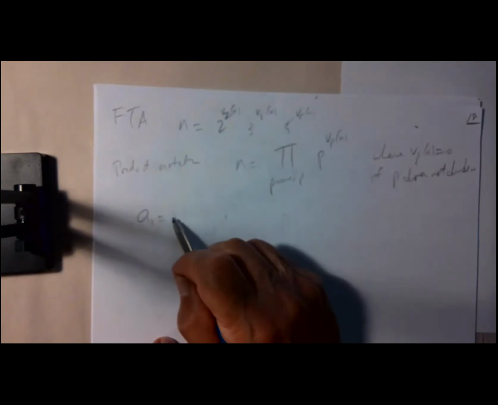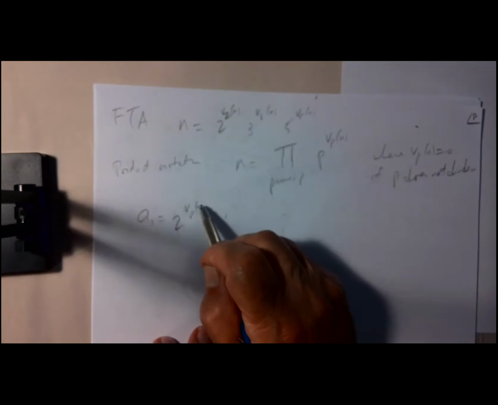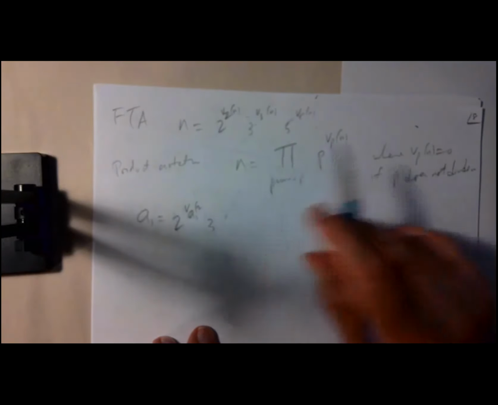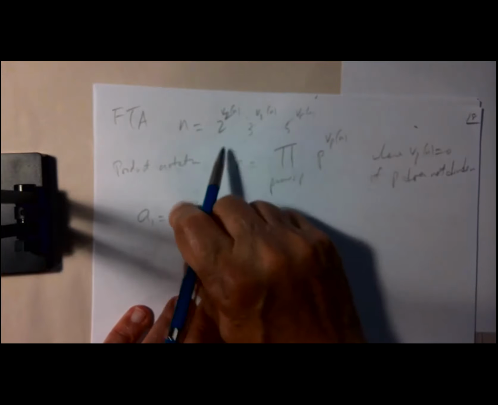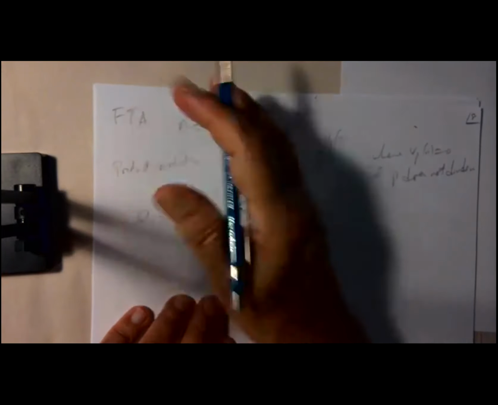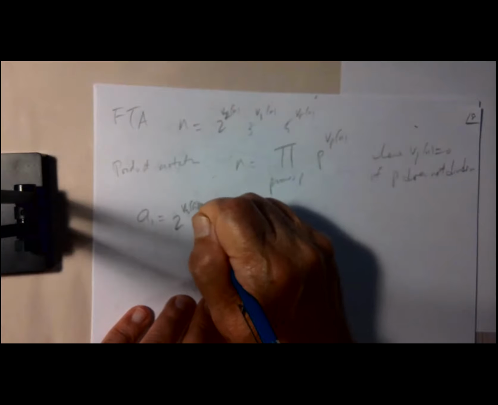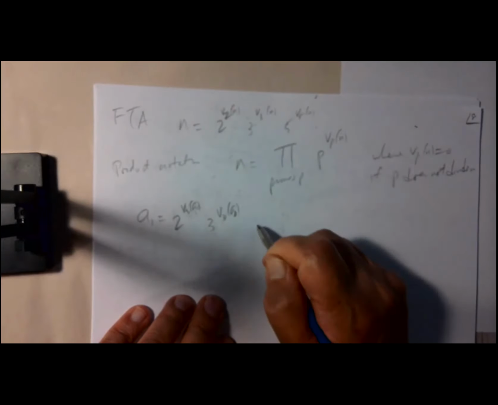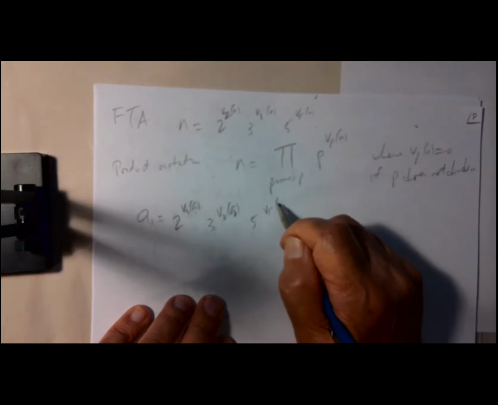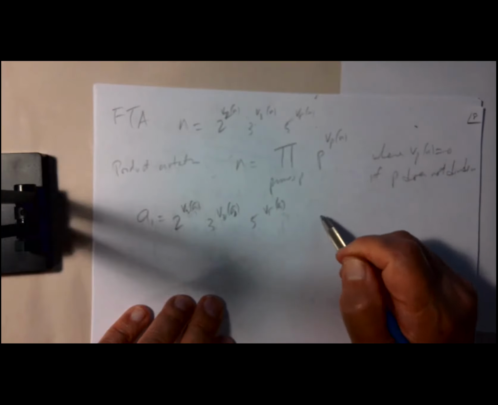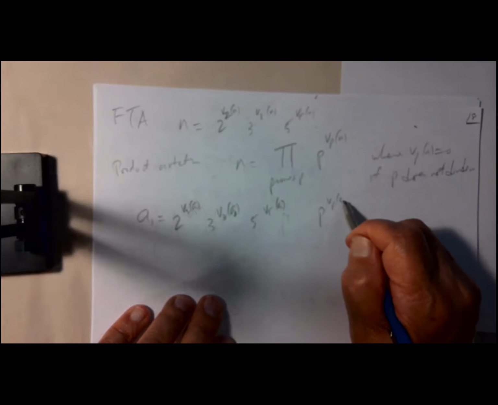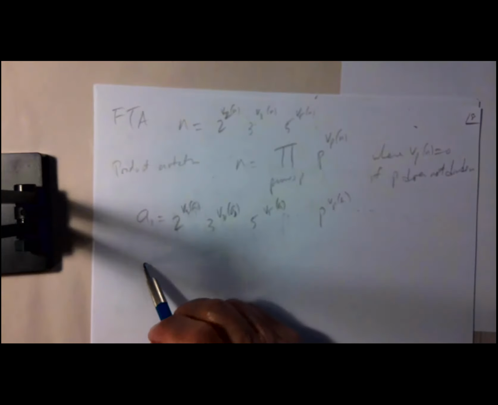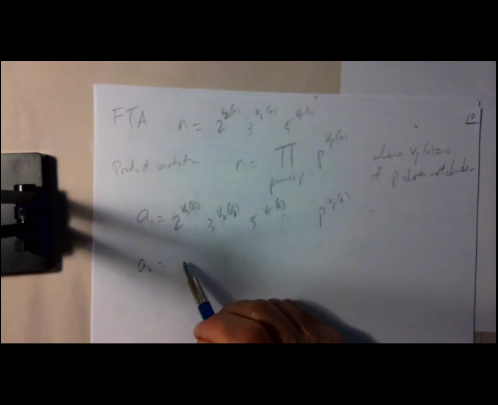So this is 2 to some power, 3 to the power of V3 of A1, 5 to the power of V5 of A1, and so on. P to the power of V sub P of A1, where these factors are all 1 from some point on. I have another number, A2.